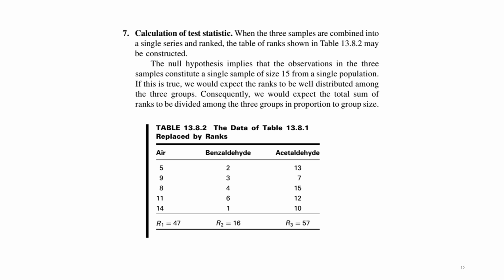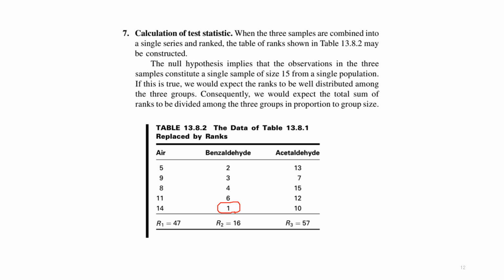So here we have 3 groups. The original table had each individual case with its own value. Based on this, we put them in order. Among the cases, this value is the lowest one, so it gets rank 1.